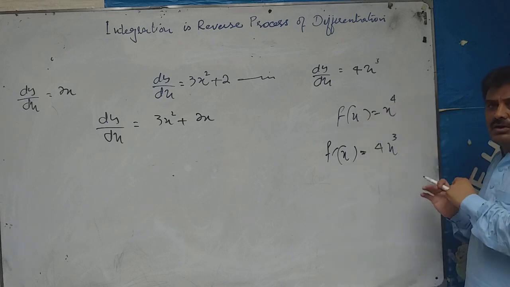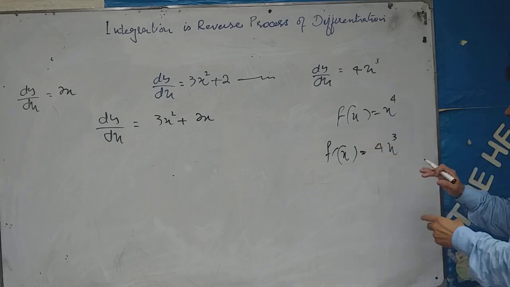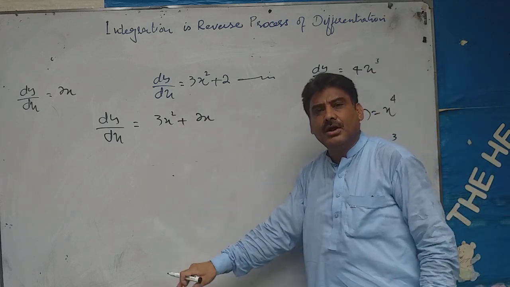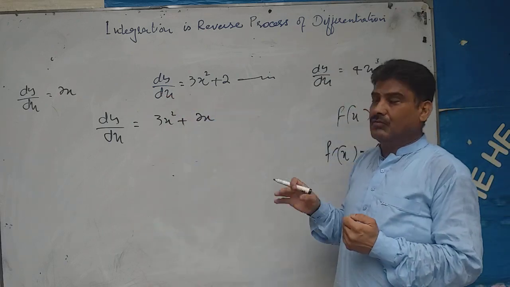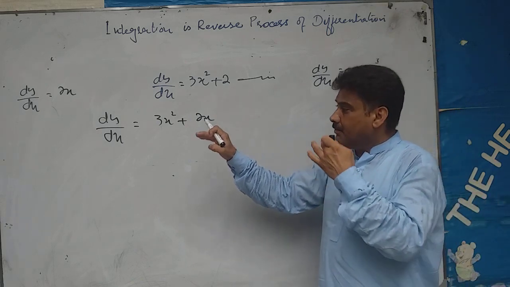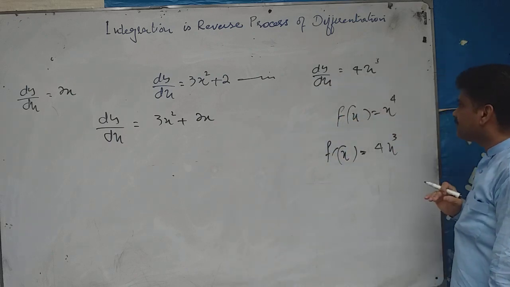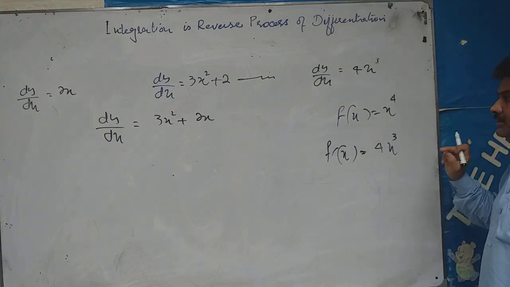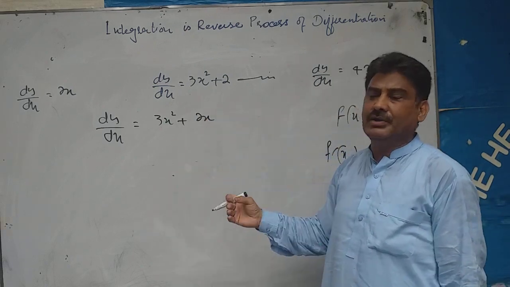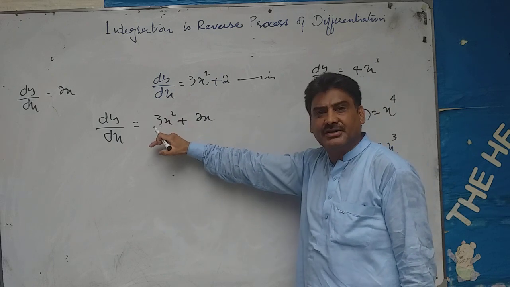In differentiation, we just multiply the function by the power of the function. But in integration, we divide the function by the power of the function after increasing it by 1. In the differentiation case, we decrease the power by 1, but in integration, we increase the power by 1, and then we divide the function by the same number.